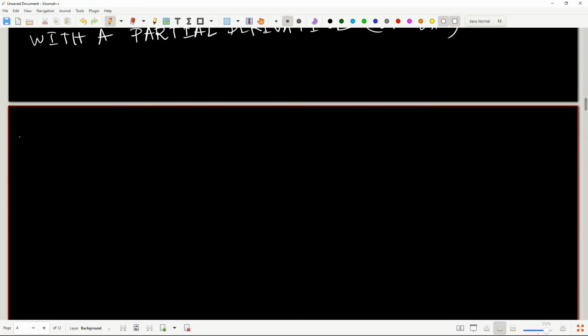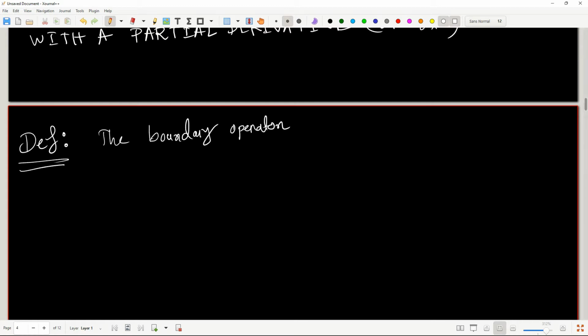Okay, now let's define it. So, definition of a boundary operator. The boundary operator is defined as follows. Let's say you have some n chain, which is also a simplex, the sigma n.